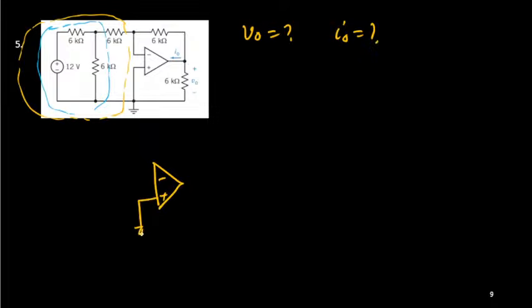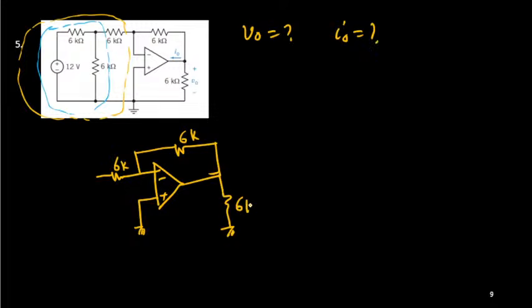This end is grounded. This end is 6K. Here it is 6K. And this load is also given as 6K, but it doesn't matter for the voltage level, though obviously the current will be different.